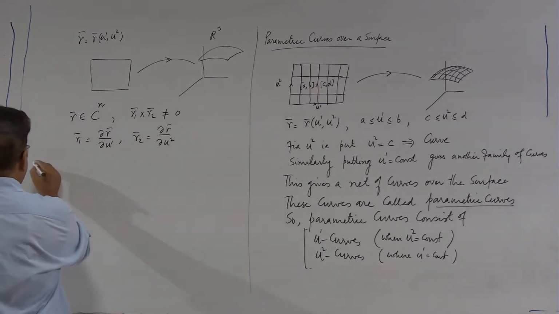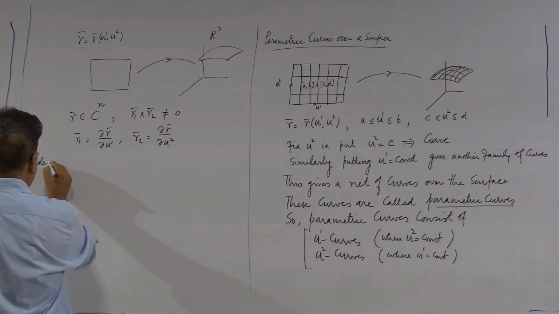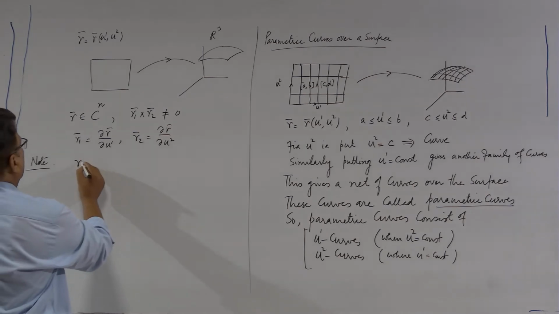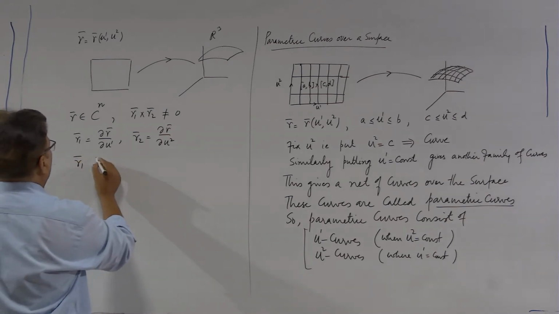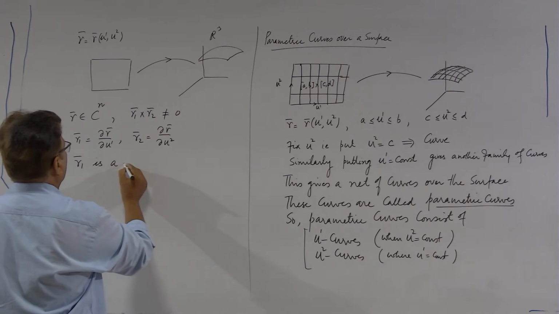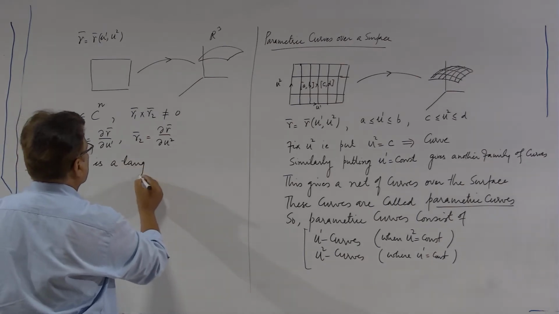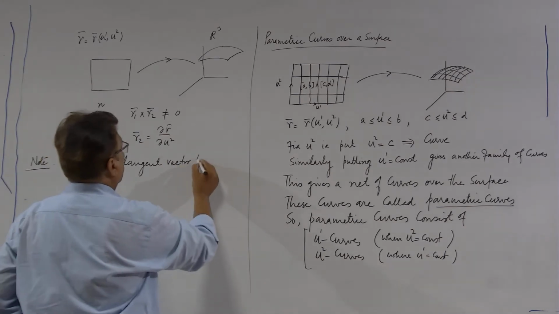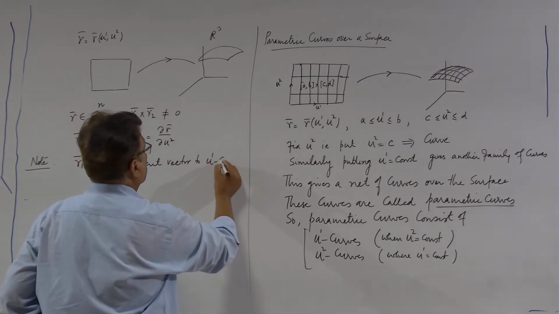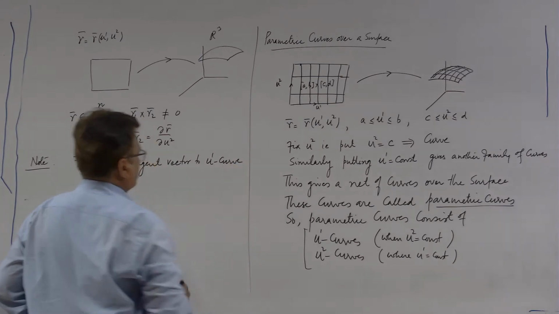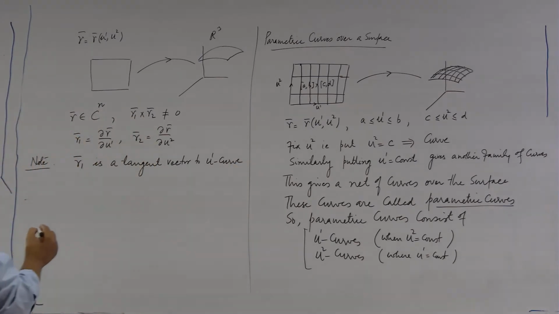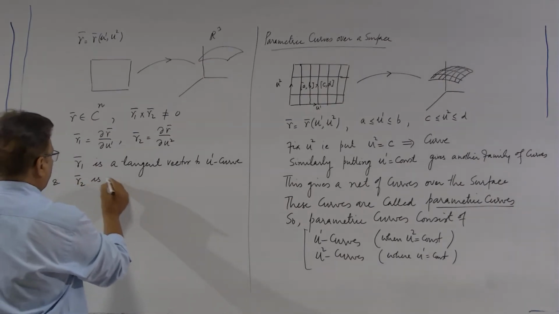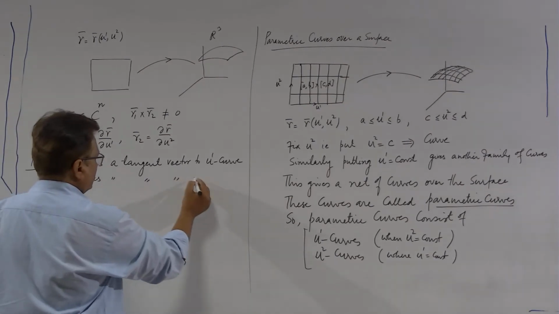This can be noted down here: the vector R1 is in fact a tangent vector to the U1 curve. Similarly, R2 is a tangent vector to the U2 curve.